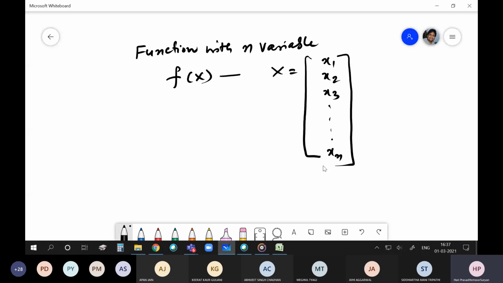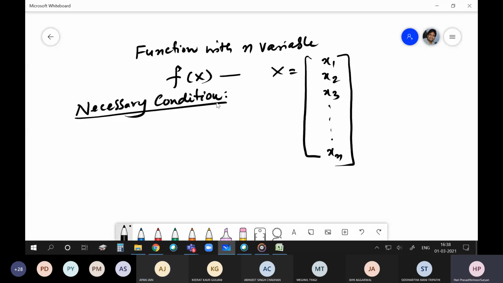So how can we find out now what is the necessary condition? Partial derivative with respect to all the variables should be 0. Exactly.